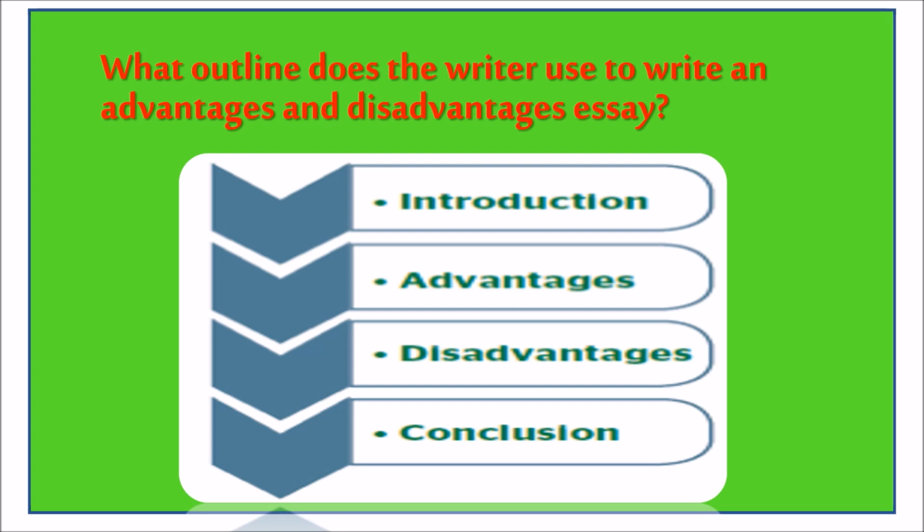The outline consists of 4 stations. The first one is the introduction, where the writer introduces the topic, then the advantages, and at the same time explanations. Then the disadvantages and explanations or evaluations. Then the conclusion, where the writer summarizes the argument and speaks about his attitude. Good job.